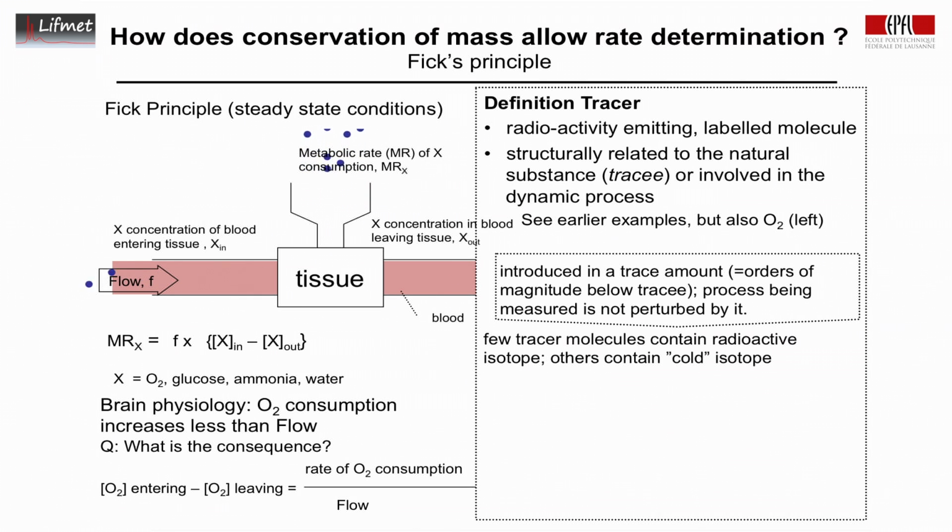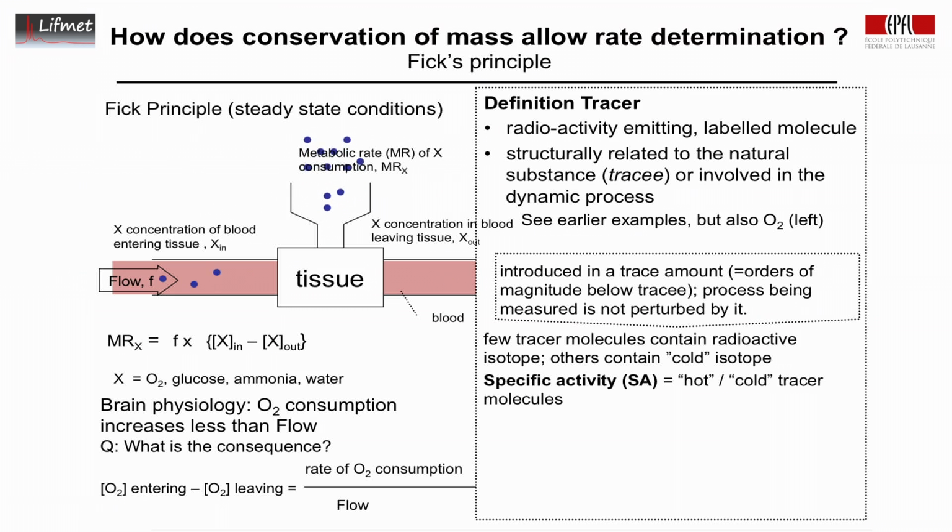Now, we have the situation that the tracer molecules are not all going to contain the isotope. Some contain the cold isotope, so they're not radioactive. So what is important here is to look at the specific activity, and that is simply the ratio of hot to cold tracer molecules.